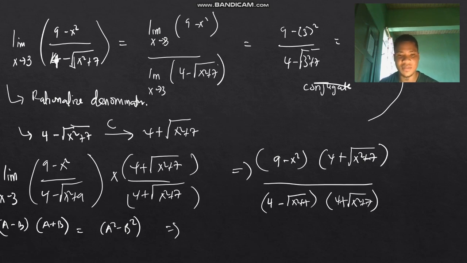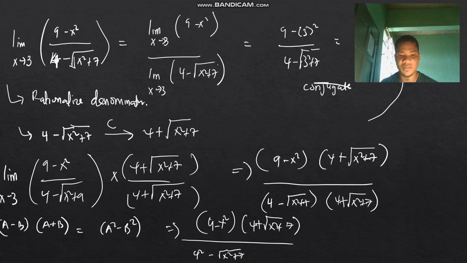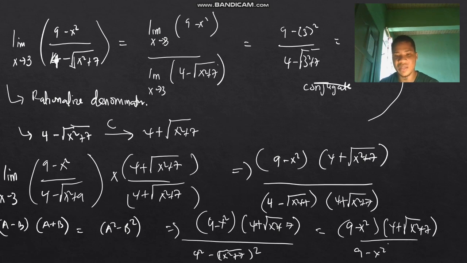So this will now give us (9 minus x squared)(4 plus the square root of x squared plus 7) all over 4 squared minus (the square root of x squared plus 7) all squared. This gives us (9 minus x squared)(4 plus the square root of x squared plus 7) all over 9 minus x squared.